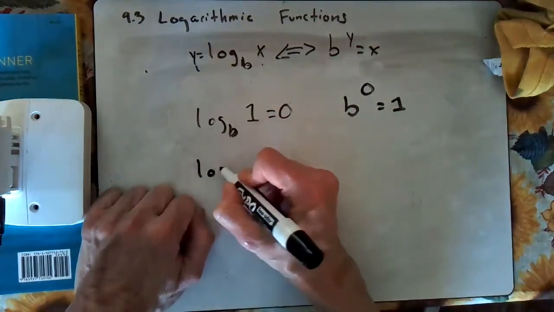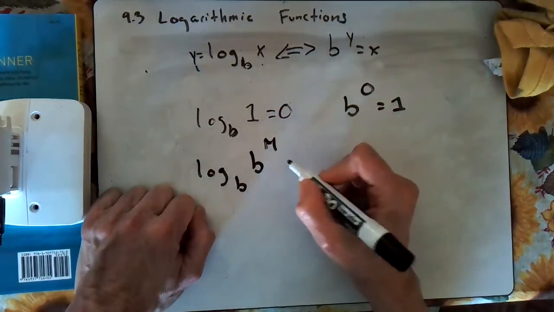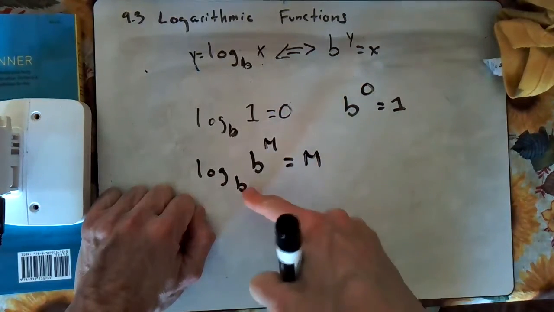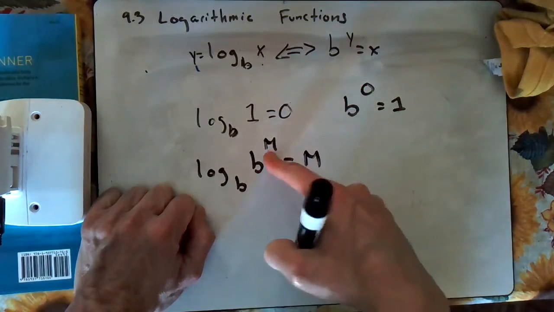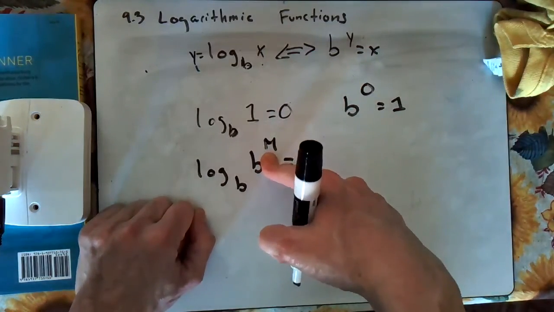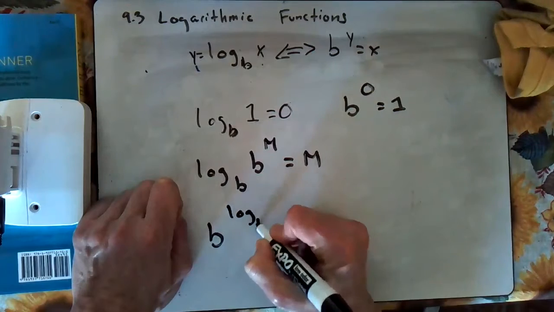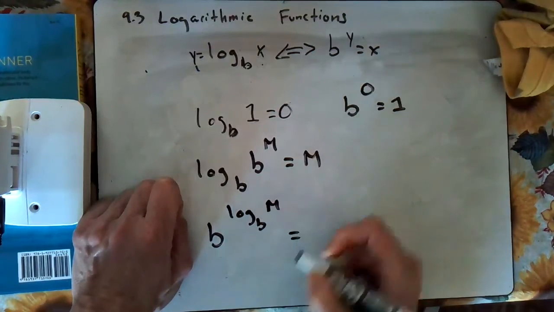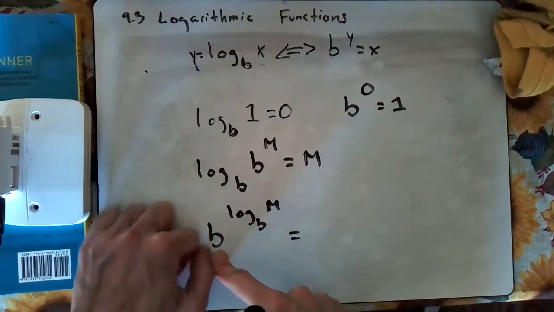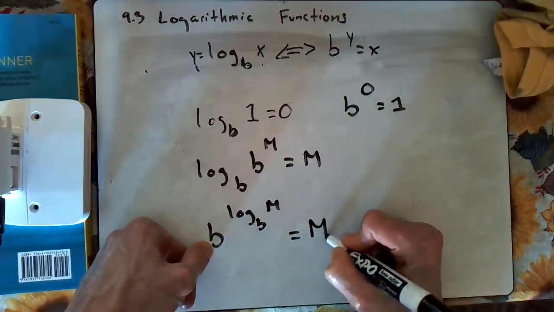If you have log base b of b to the m, then your answer is just m, because these kind of undo each other. So you're left with the exponent. If we have b raised to the log base b of m, so now this whole expression is the exponent, and it's being raised with the base of b. Again, if these match, then your answer is just m.